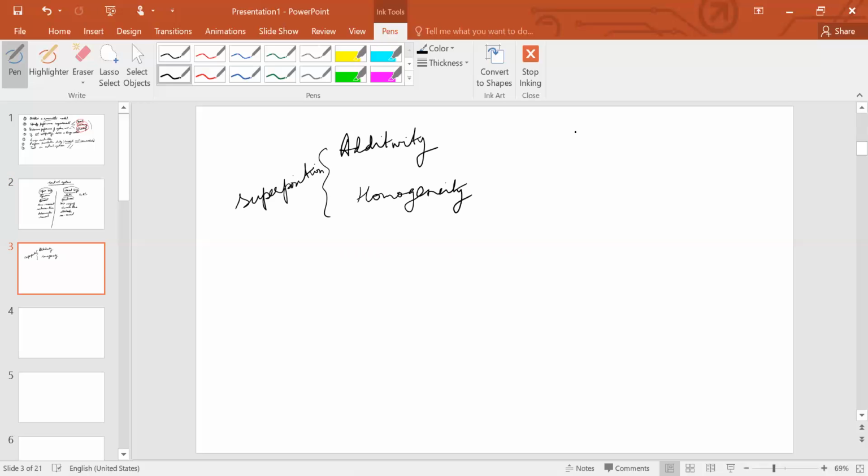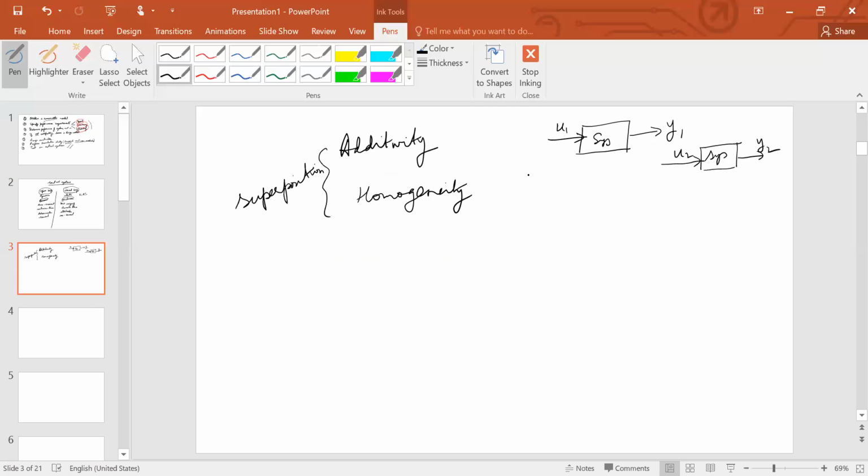So what that essentially means is, suppose you have a system like so, and you give it an input, let's say U1, and you get an output Y1. So this is, let's say, the system. And similarly, to the same system, you give an input U2 and you get an output Y2.